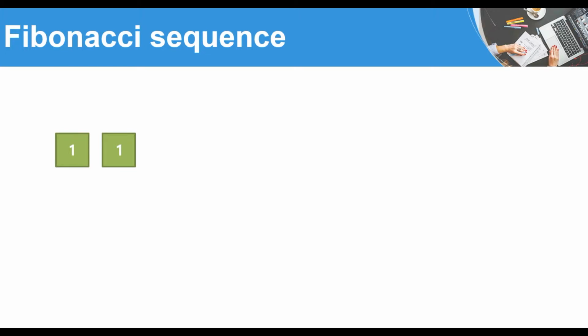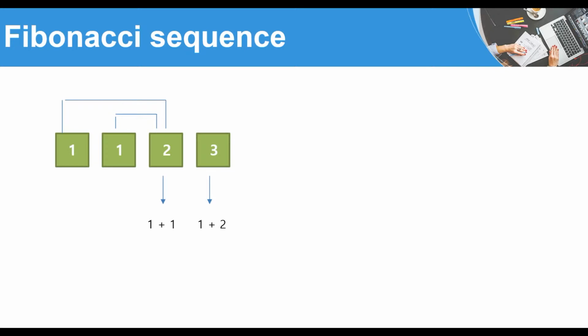Now, coming back to the Fibonacci concept, we said that each number in the sequence is the sum of the previous two numbers. So if we start the sequence with 1 and 1, our next number would be 1 plus 1, so 2. The next number would be 3, which is the sum of 1 and 2. The next number would be 5, which is the sum of 2 and 3.